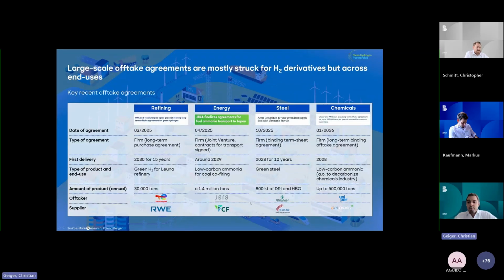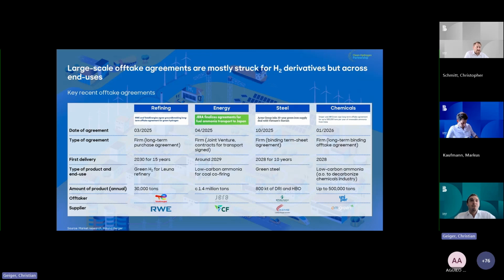Now, a quick look at the market, some recent offtake agreements which we saw, spanning industry and also energy use cases. First of all, refining: a recent offtake agreement from last year for the Leuna refinery in Germany.